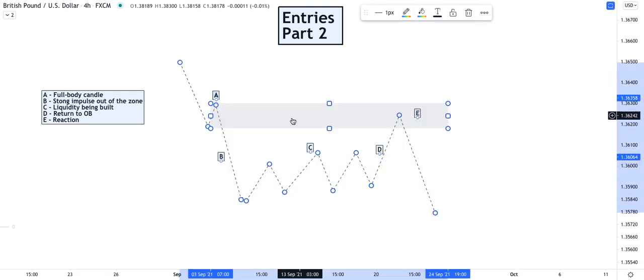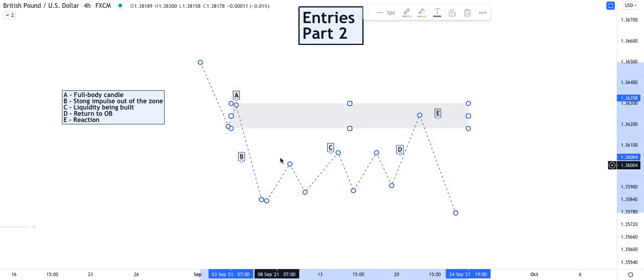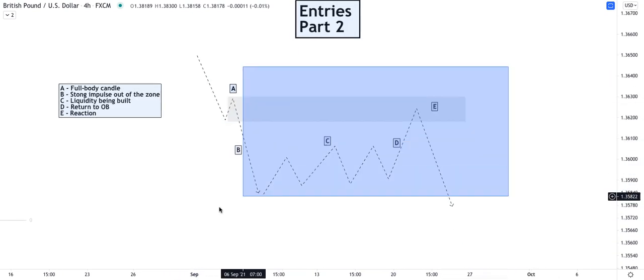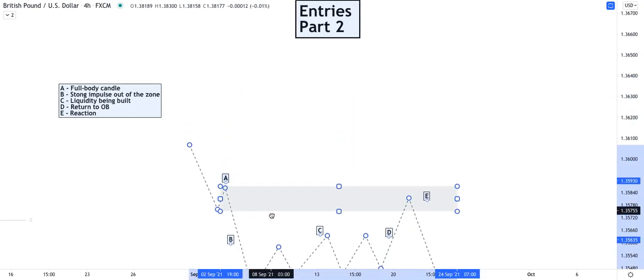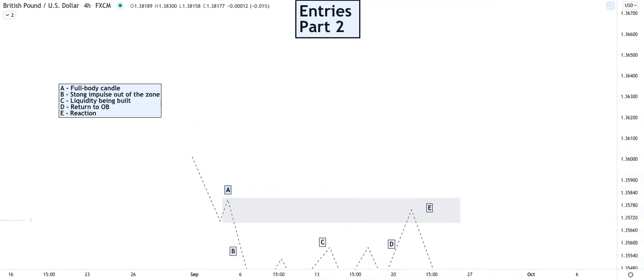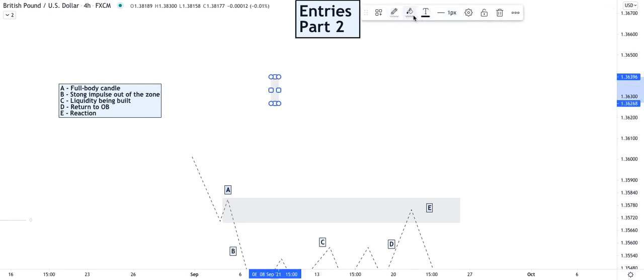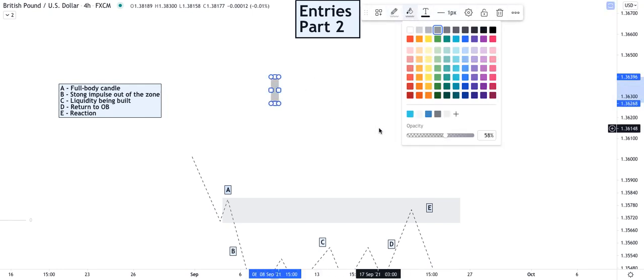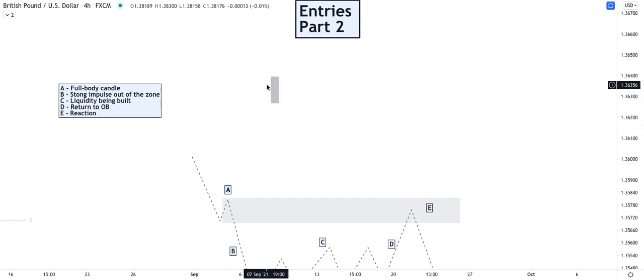So let's now put this to the side. Let's put it down there. So we want to see a full body candle. A strong full body candle that points towards, it shouldn't be an indecision candle, so it should be a full body candle in this area.